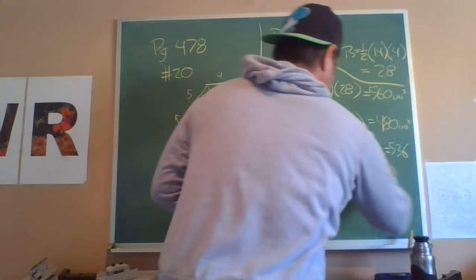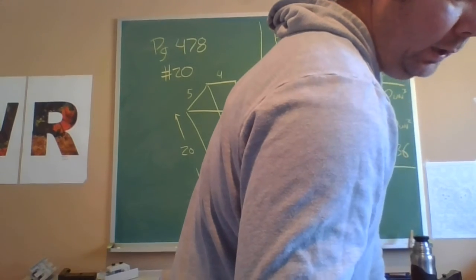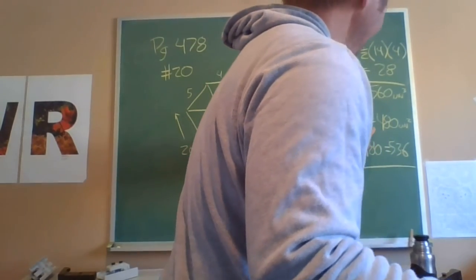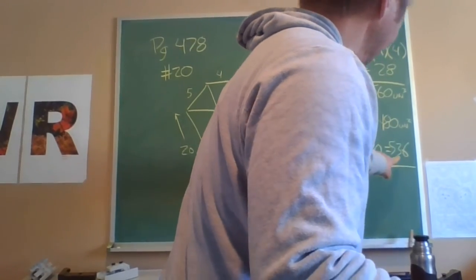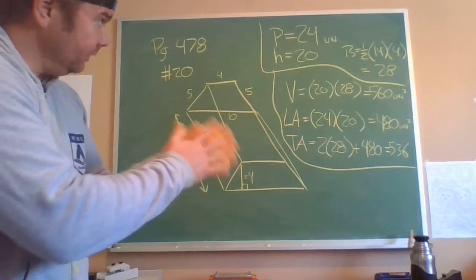Okay, so that's what I get. Let me check my work and see how it looks. And it tells me 480, boom, 536, boom, and 560. Nailed it. All right, so there's 2 examples.